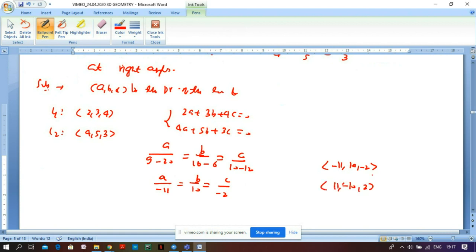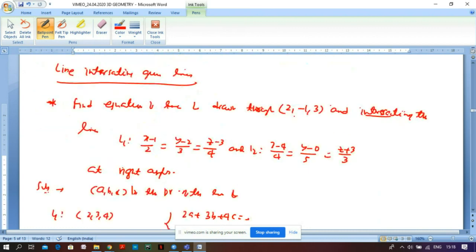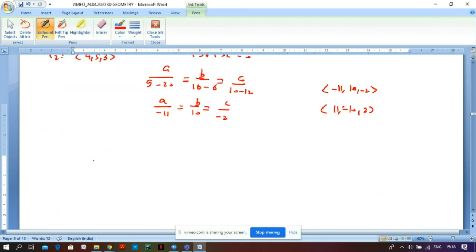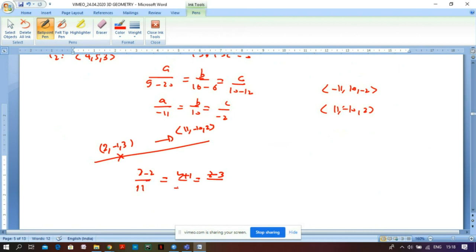So already we know the line passes through the given point (2, -1, 3). That's the point on it, and its direction is along 11, -10, 2. And so its equation is (x - 2)/11 = (y + 1)/(-10) = (z - 3)/2.